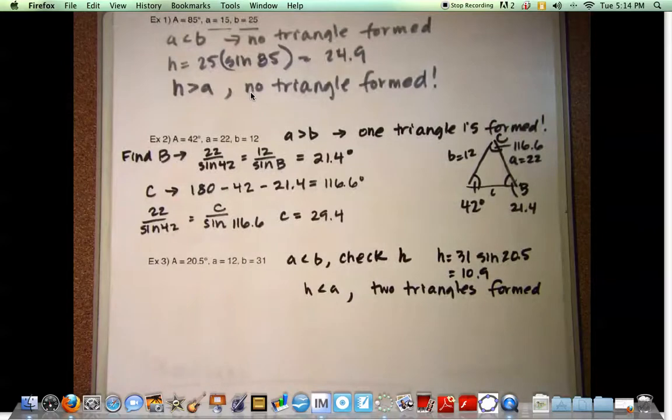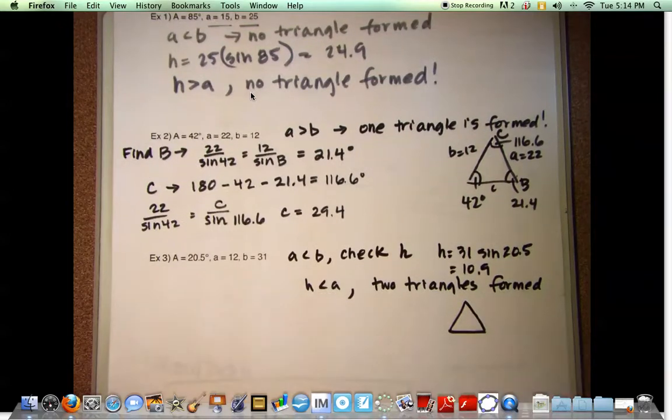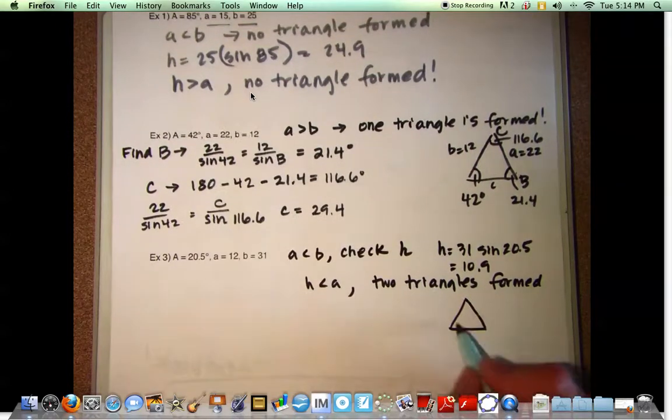So now, let's start with our leg originally extended out. Draw yourself a picture, and that looks like an equilateral almost, but it's not supposed to be. So this is 20.5, a is 12, b is 31.